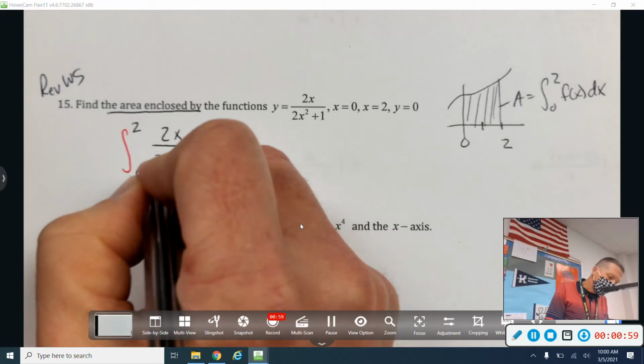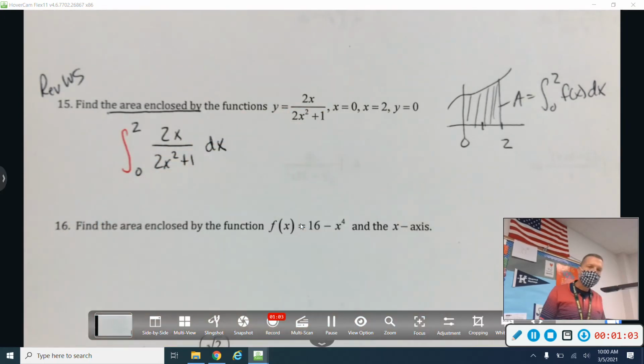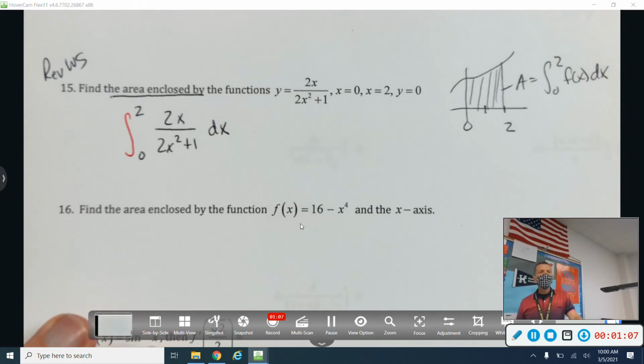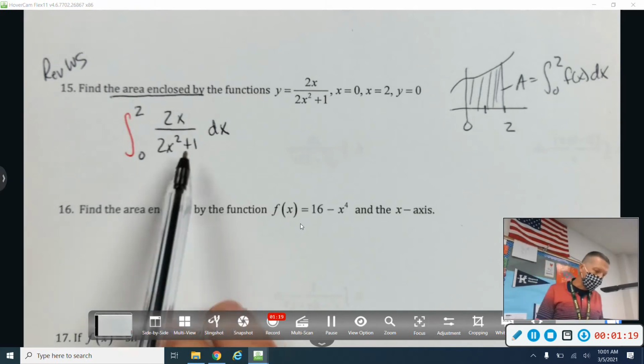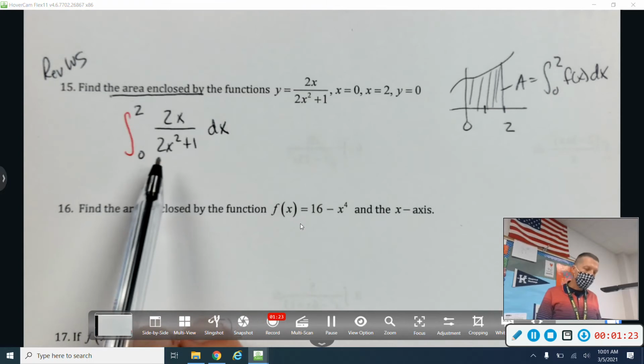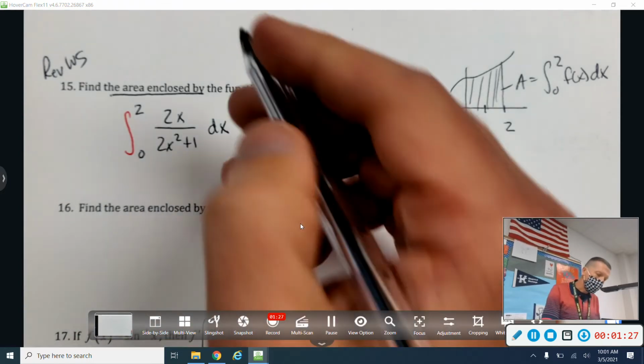2x over 2x squared plus 1 dx. So what's the method on this one? Yeah, use substitution, because then du will be the top. Although it's a little bit tricky because that does look a little bit like inverse tangent down there with u squared plus a squared, except that the 2x is up there.